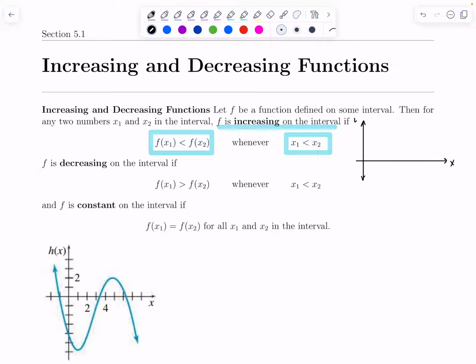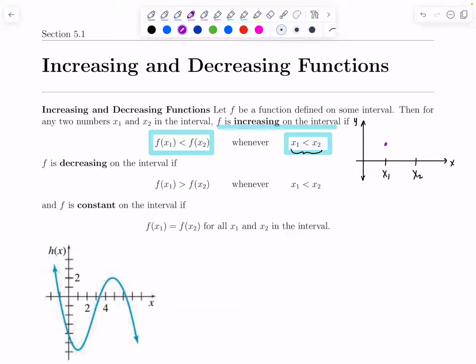So I'm just going to put everything in the first quadrant. Whenever x1 is less than x2, so that means x1's here, x2's bigger, somewhere over there. Remember, f of x1 refers to the function value, the y value at x1, and f of x2 is the y value at x2. So the function value is smaller or lower at f of x1 compared to f of x2.